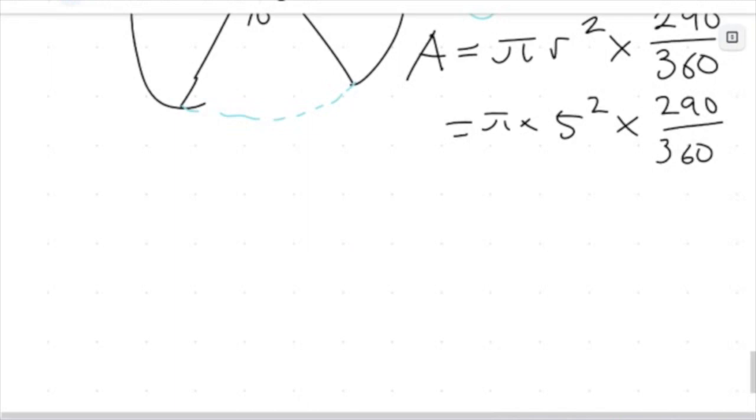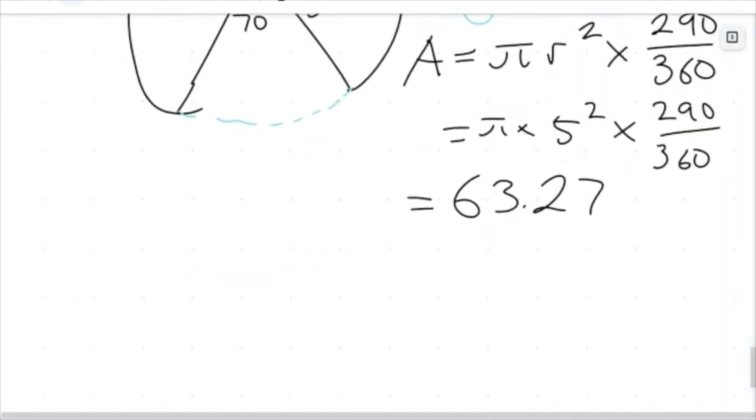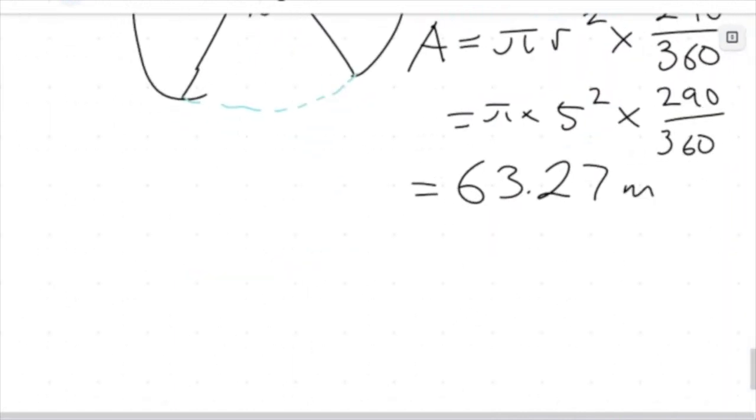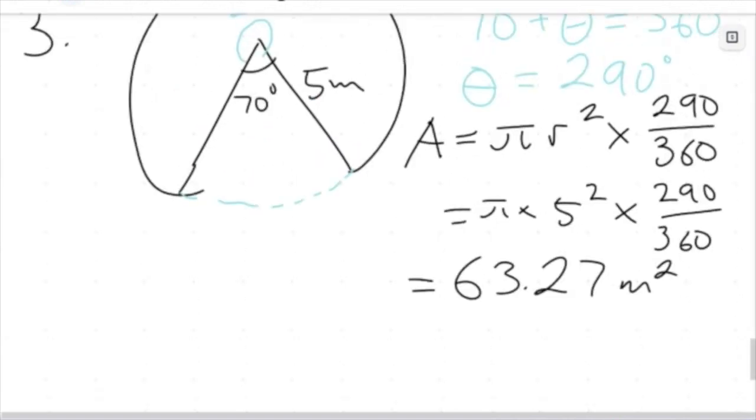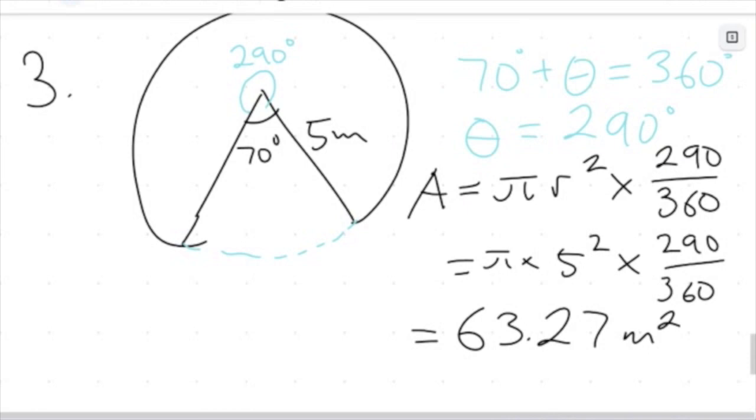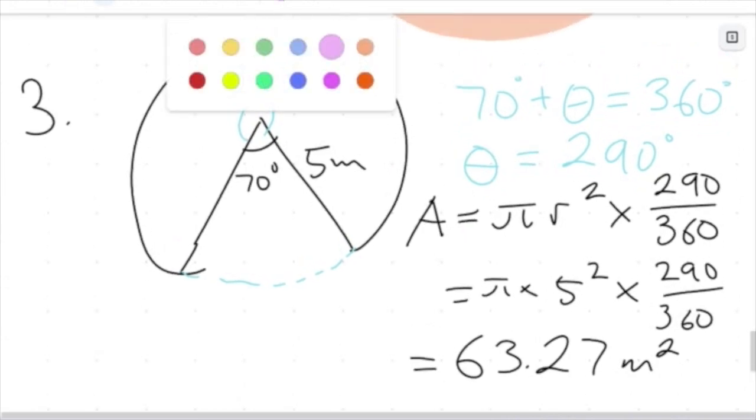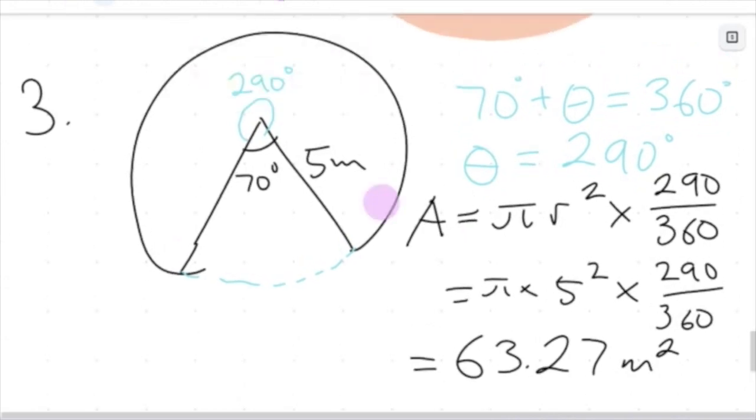And to 2 decimal places, let's do this time, that gives us 63.27 meters squared. That is the area of not our whole circle, but the sector, the big chunk I've cut out of the whole. That is how we can approach these types of questions.